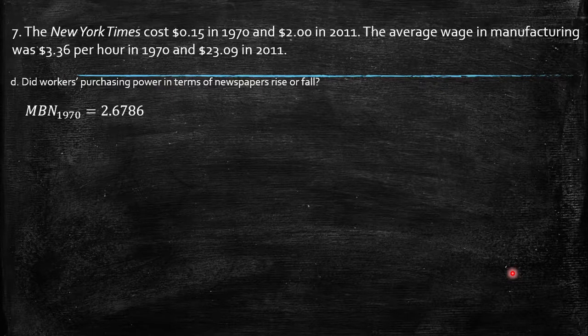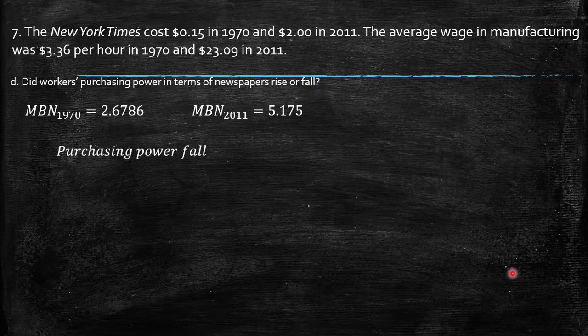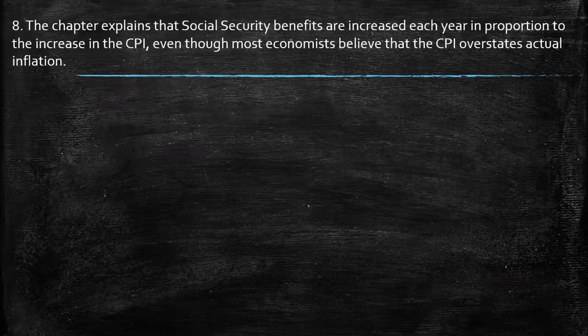In 1970 you needed 2.67 minutes for buying a newspaper, and in 2011 you need 5 minutes. Then definitely the purchasing power fell. So the prices of the newspaper increased more than the wage per hour comparing 1970 to 2011.